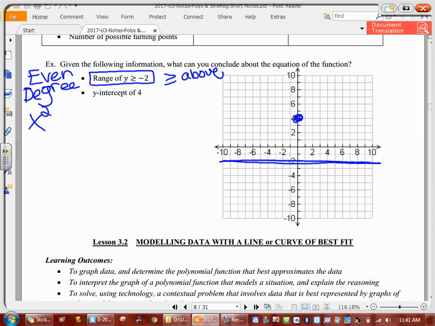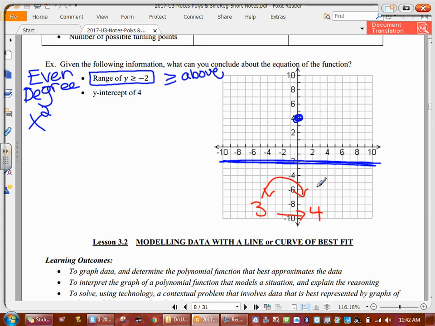Why is it not allowed to be a down graph? Because it can't go below. It must be an up graph because I can't go below negative 2. So I've got to have a graph that's going to come low, touch, and then go through positive 4. So I could have a graph that looks like that.